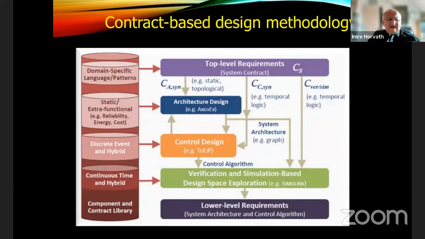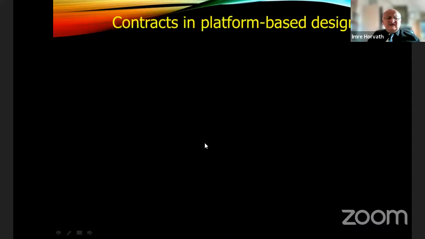And in order to support compositionality-based architecting, a so-called contract-based design methodology was proposed, which substitutes the interface concept in the composition-based system development with contracts between the potential entities, and it is based on output guarantees and input assumptions.